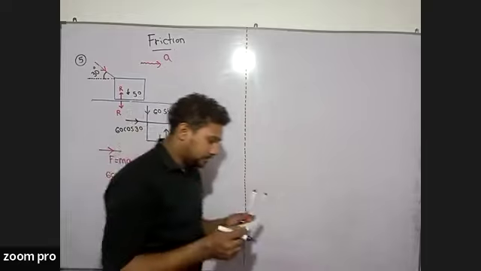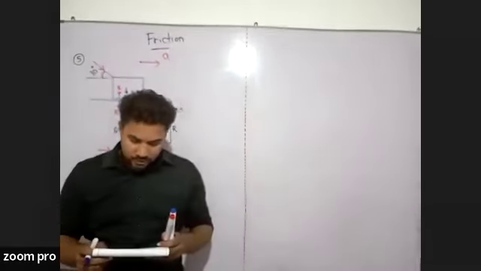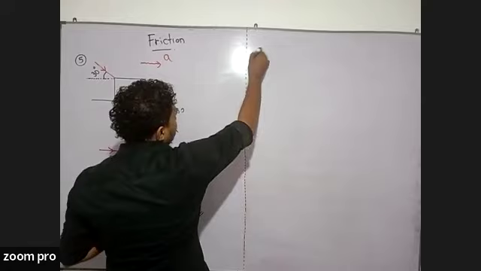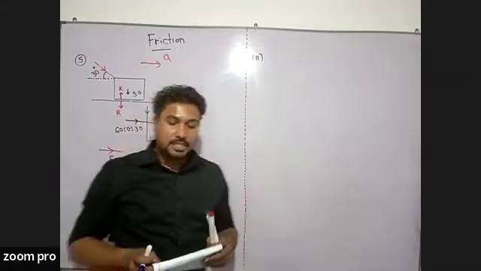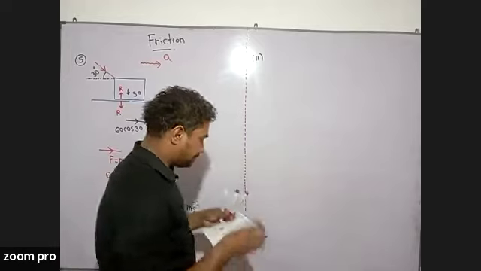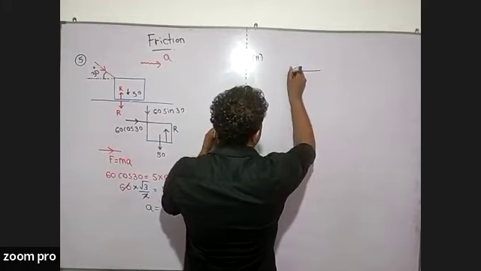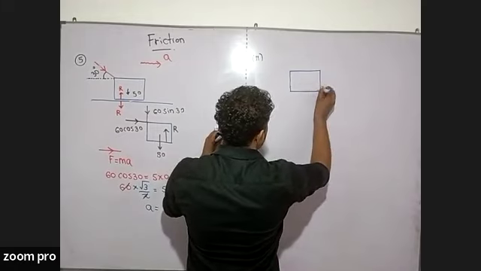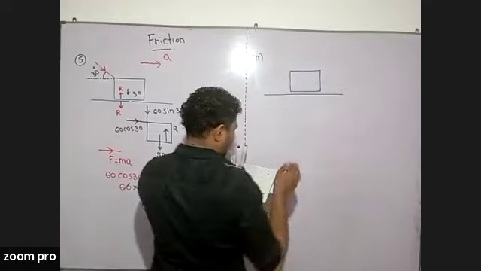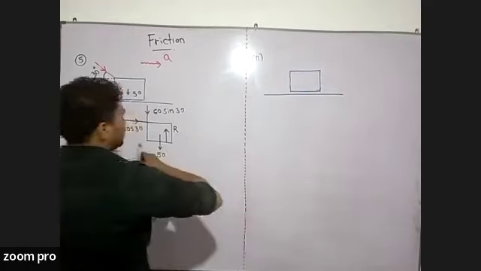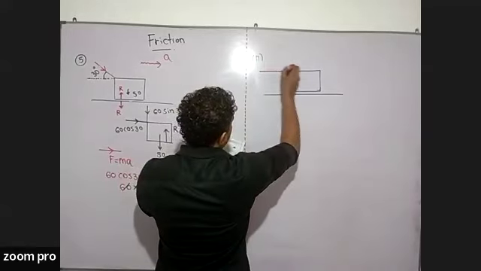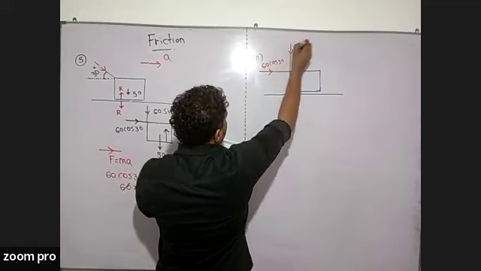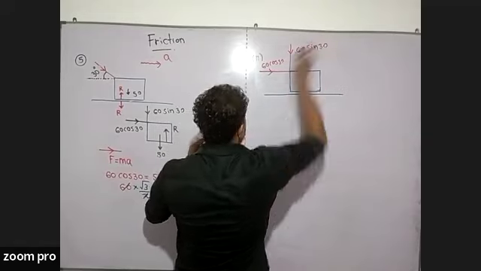Right. So in the second question, if the coefficient of dynamic friction between the table and the wooden block is 0.3, then in this second instance, we have to consider this surface as a rough surface. So there should be a friction force exerted on this object, right? If I resolve this 60 Newton horizontally, it should be 60 cos 30, and vertically downwards we have 60 sin 30, right?